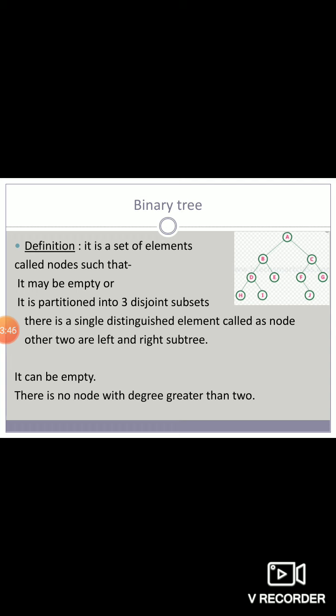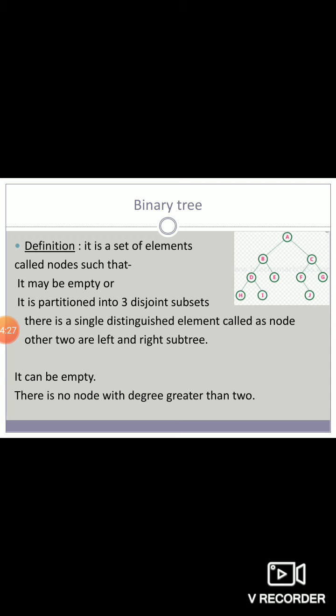That means the number of children of any node is at most 2. It may be 0 or 1, but the maximum number of children of any node in a binary tree is 2. So the degree of a binary tree is always at most 2, never greater than 2.